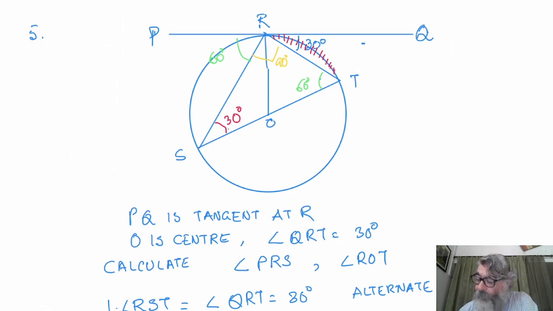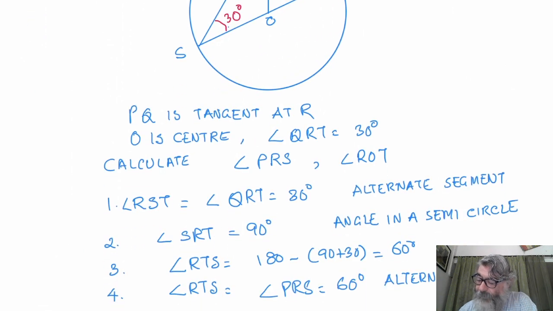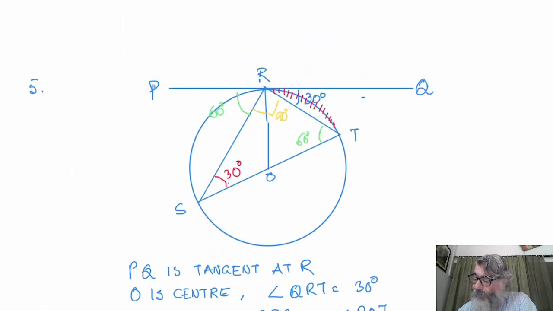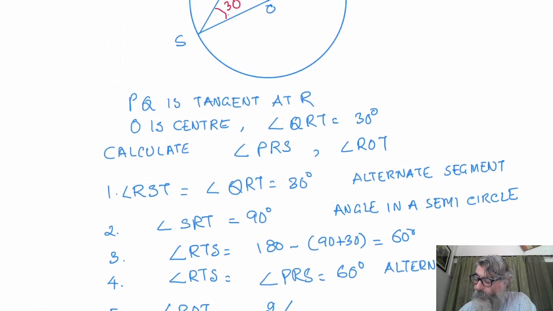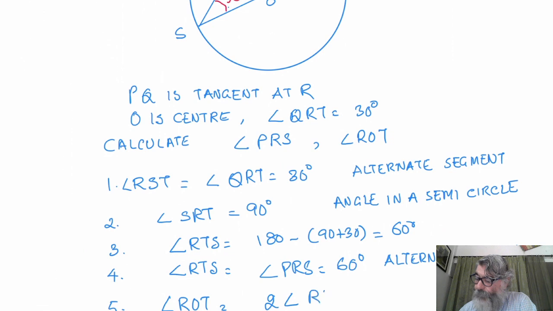So ROT will be double of angle RST. RST is 30, so 2 into 30 is 60 degrees. Double angle theorem.